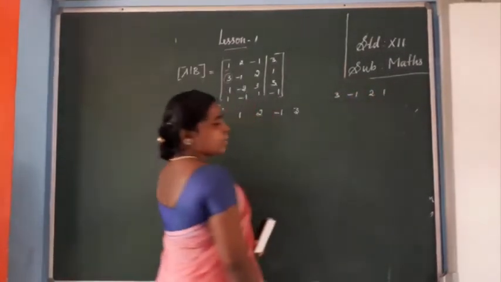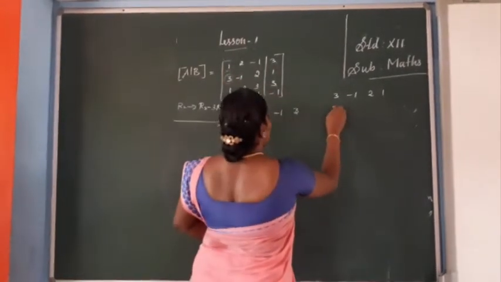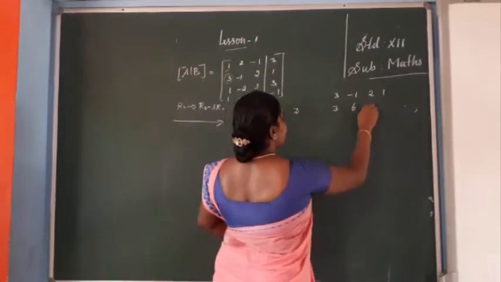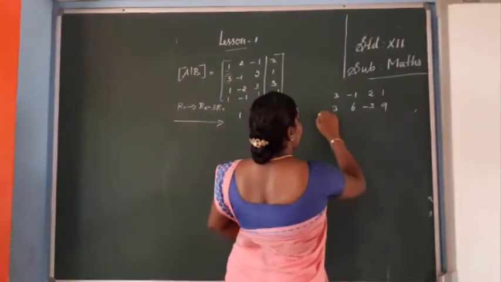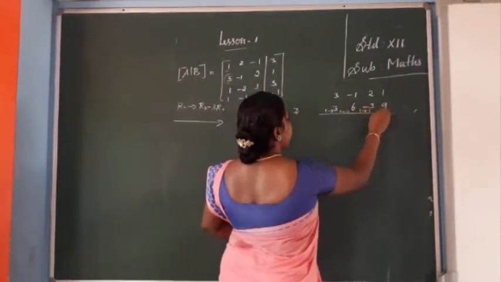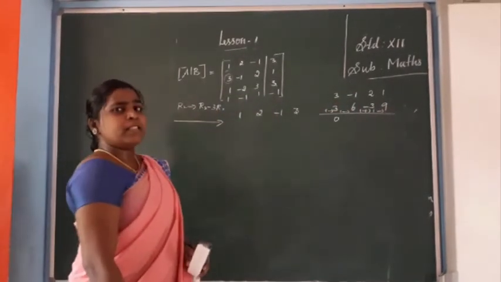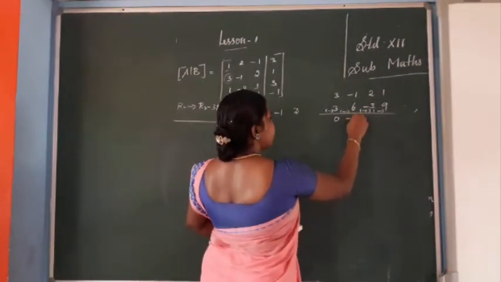This is R2. Then R1 we are multiplying by 3. 1 into 3 is 3, 3 twos are 6, 3 into minus 1 is minus 3, 3 threes are 9. Now you subtract. 3 minus 3 is 0. Next, minus 1 minus 6, both are minus, so minus 6 plus 1 is minus 7.